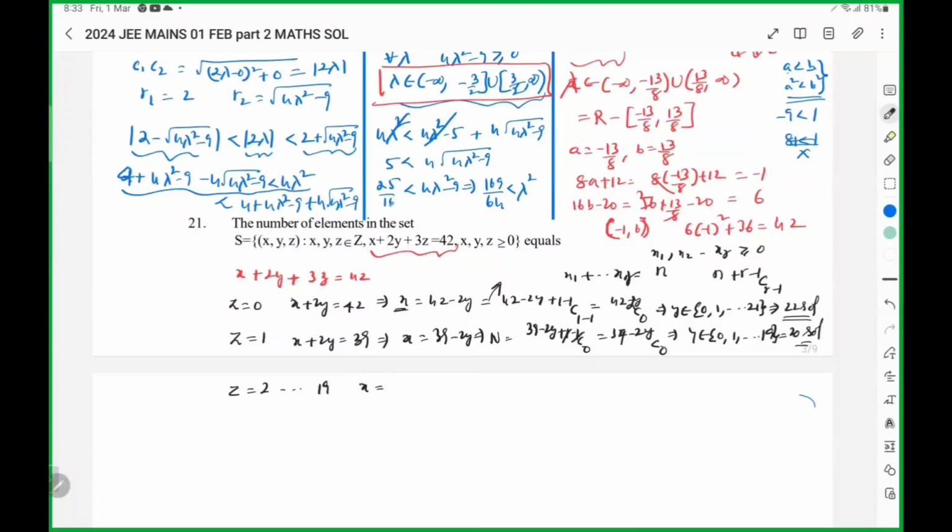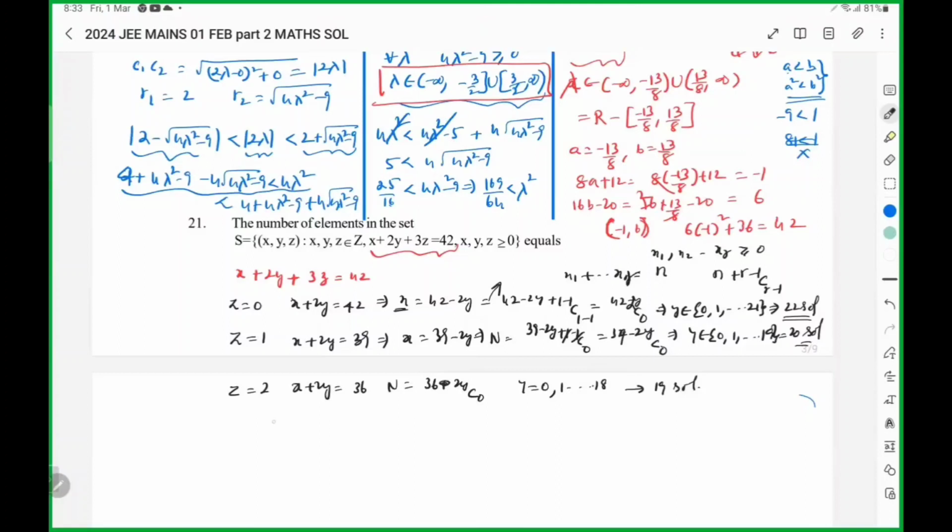Z is 2, x plus 2y will be 36. That is, the number of solutions will be 36 minus 2y plus 1 C 0. Y will be 0 to 18. Here you have 19 solutions.